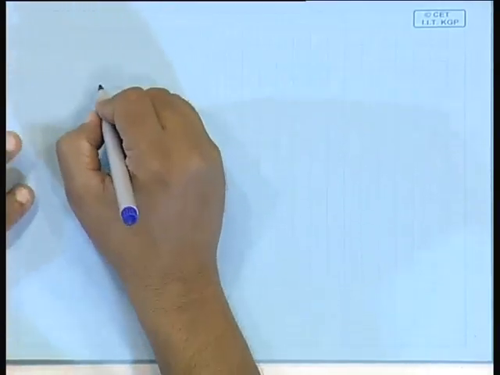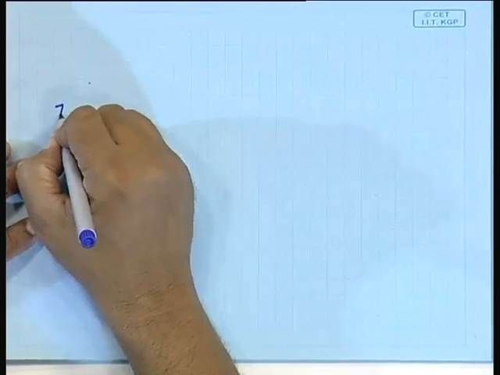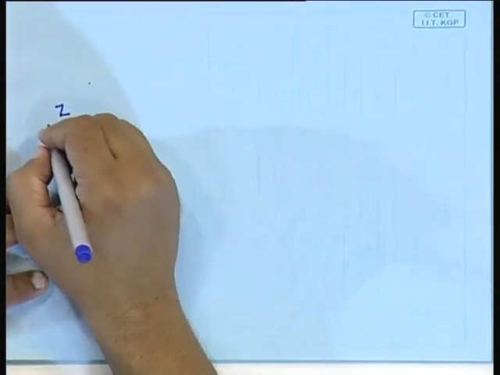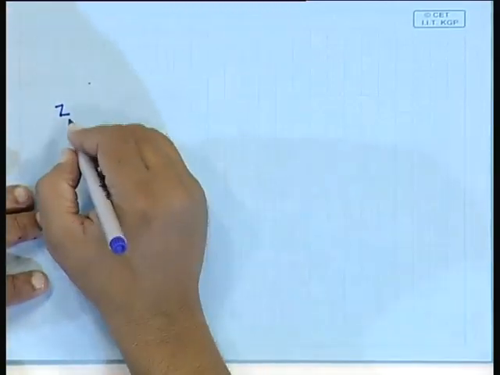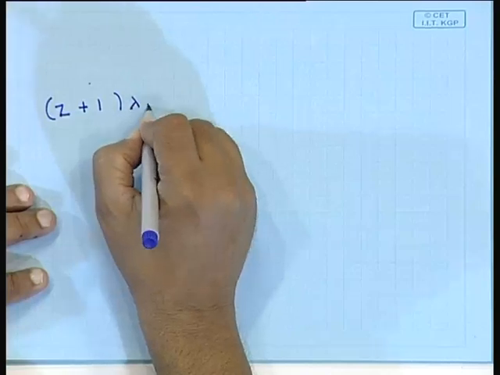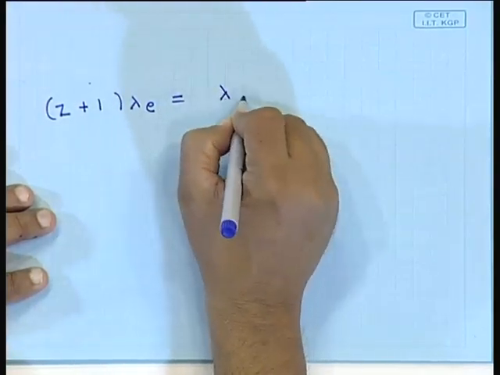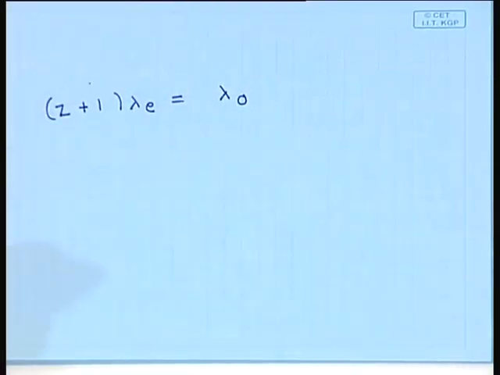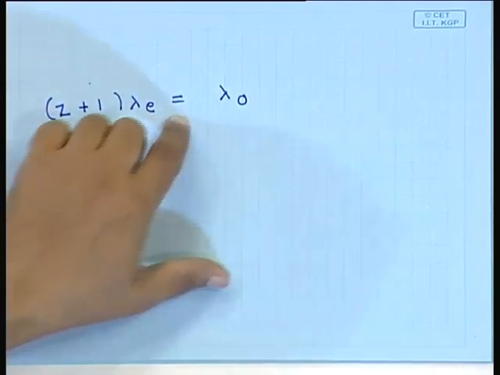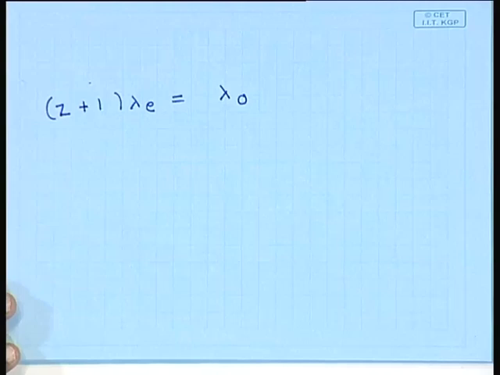And how had we defined the redshift? So, the redshift Z, the way in which we had defined the redshift was 1 plus Z times lambda emitted is the observed wavelength, right. 1 plus Z into the emitted wavelength is the observed wavelength. That is how the redshift is defined.